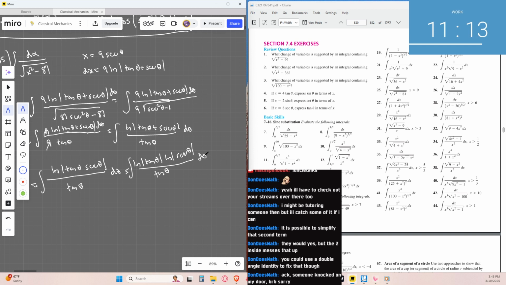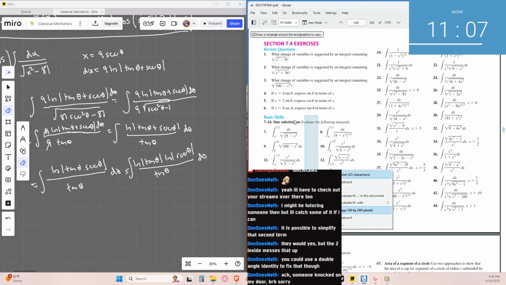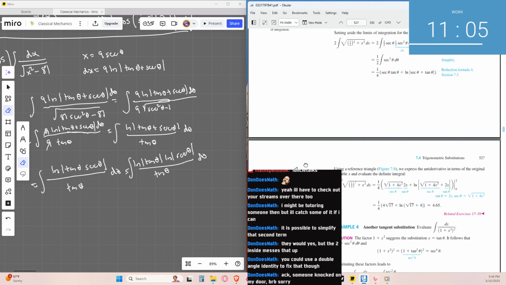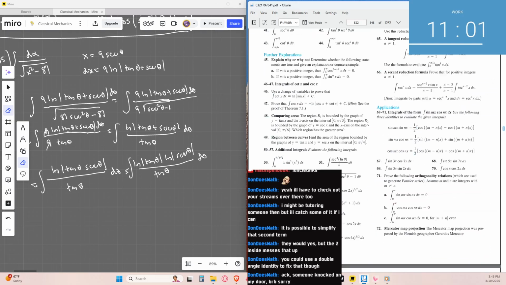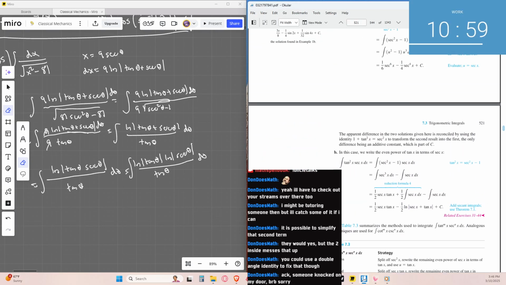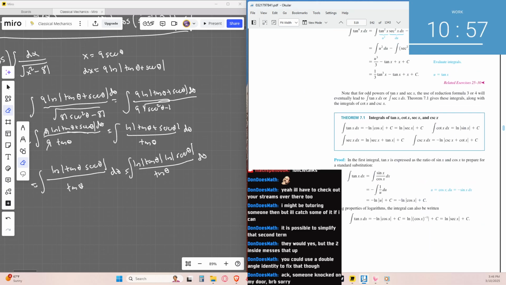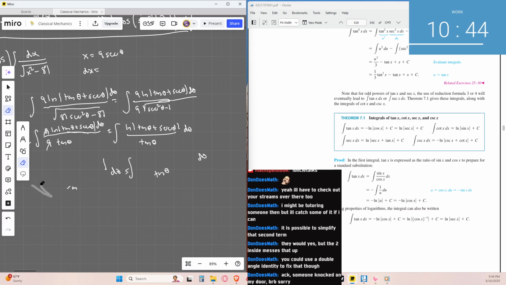Oh wait, what am I doing? No, that's the integral, right? I think that's the integral of secant. Let me just double check. Yeah, that's the integral. My bad. That's not it. That's why I was getting it wrong. I was like, oh my gosh, there's something here that I am messing up on.